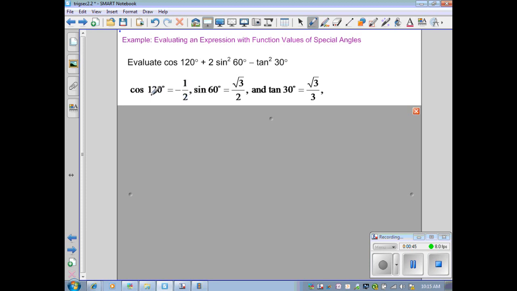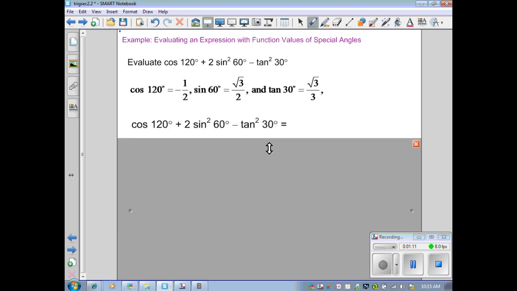But remember, cosine in quadrant 2 is x over r, negative over positive, so I get negative 1/2. The sine of 60 degrees, that's already a special angle, is the square root of 3 over 2. And the tangent of 30 degrees, again a special angle, is the square root of 3 over 3. Those are all from the special angle function chart in section 2.1.